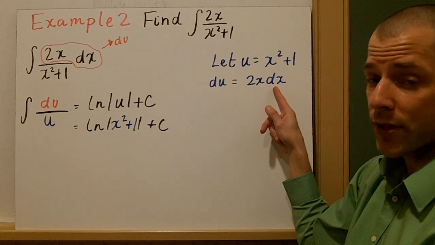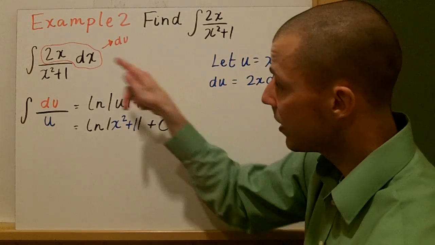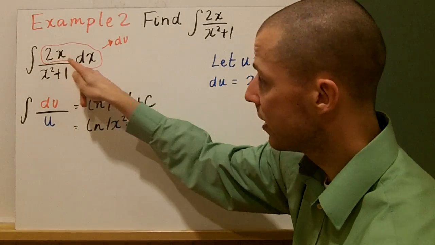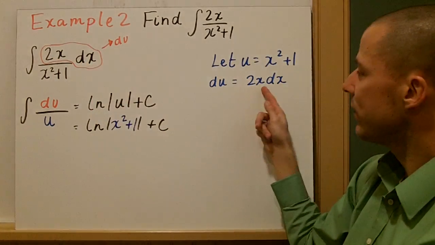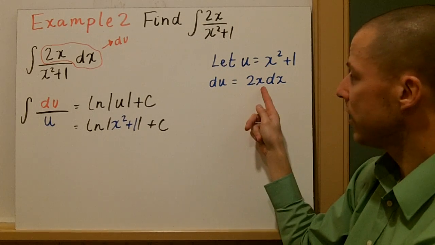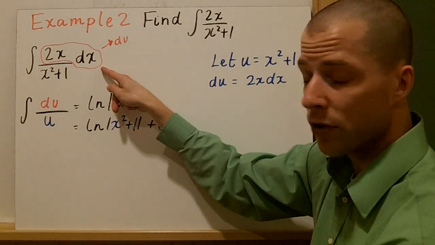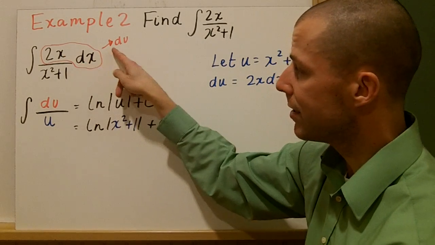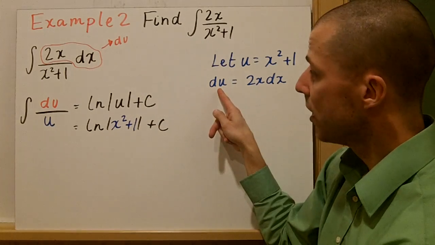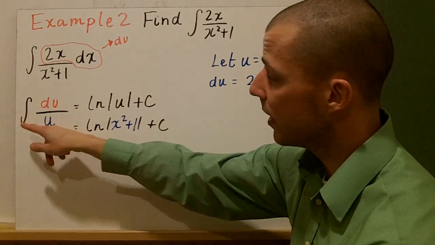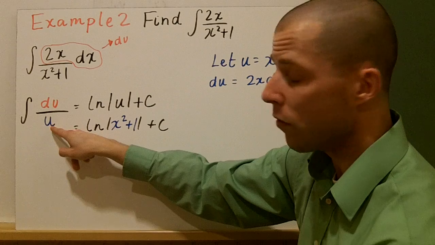This is different from some of the other problems that we looked at, because we actually see 2x dx. So we don't have to solve this equation for dx. We can actually leave it as du equals 2x dx. I've circled that. When we rewrite this integral, we have the integral of du over u.